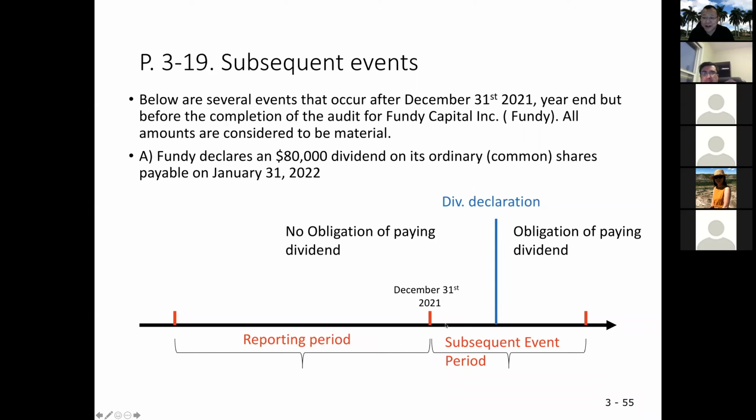Remember the recognition is only up to cutoff date. So if you want to recognize this to be a liability, it has to be a liability on the cutoff date, right? But on the cutoff date, there is no obligation. So it's not a liability.